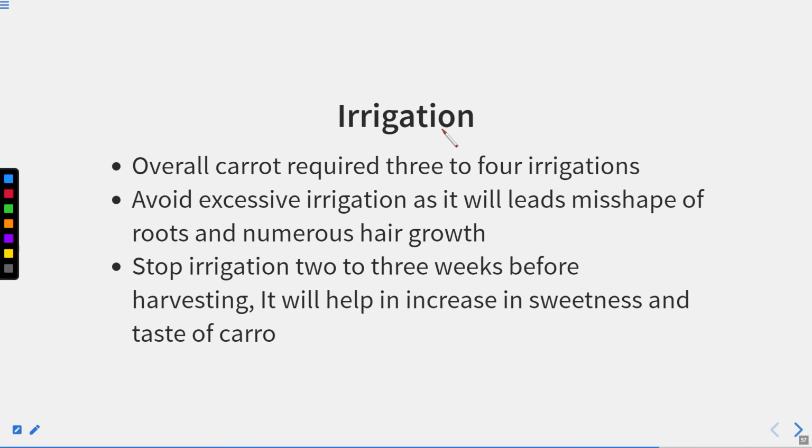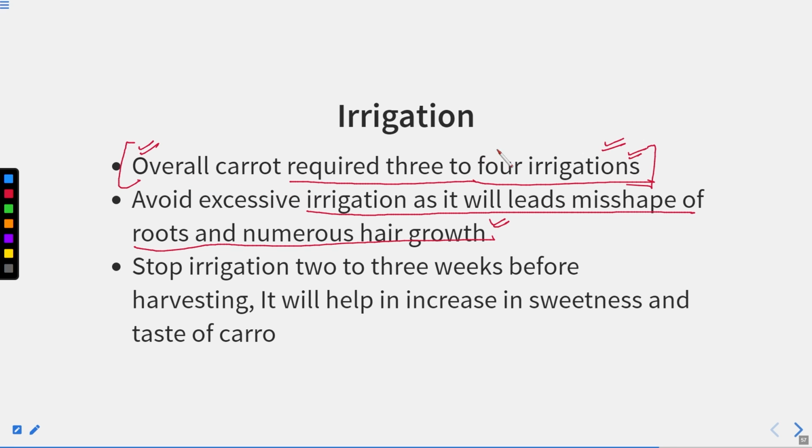Overall, carrot requires 3 to 4 irrigations. So it requires quite a good number of irrigations, and avoid excess irrigation as it will lead to misshapen roots and numerous hair growth. This is the number of irrigations that is required throughout the crop development.